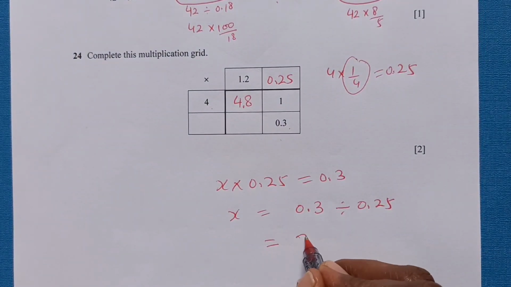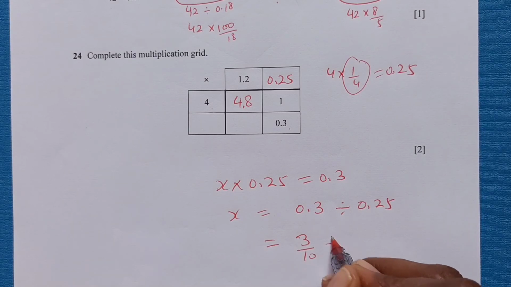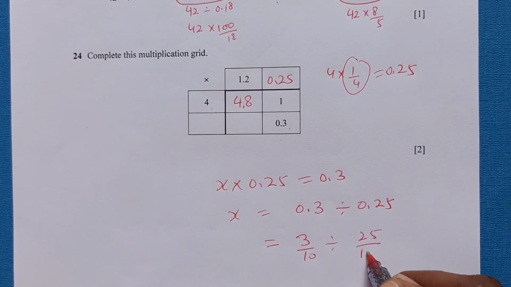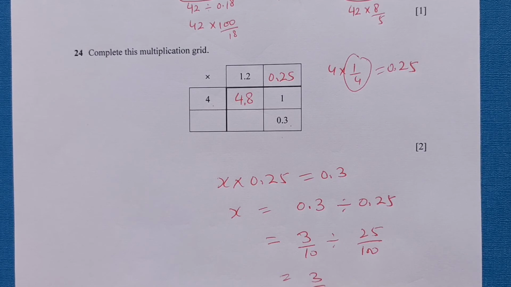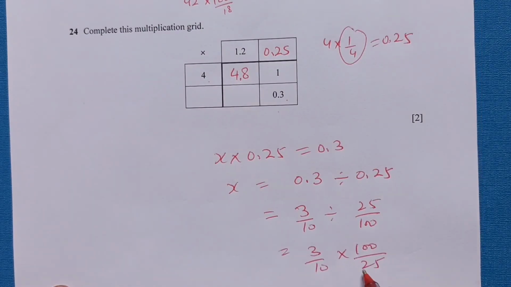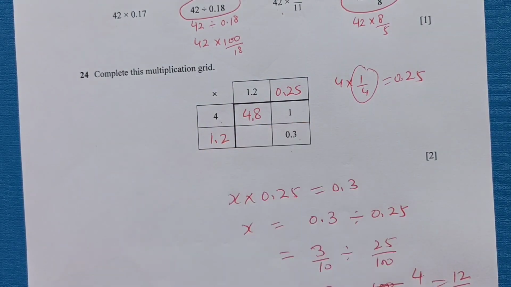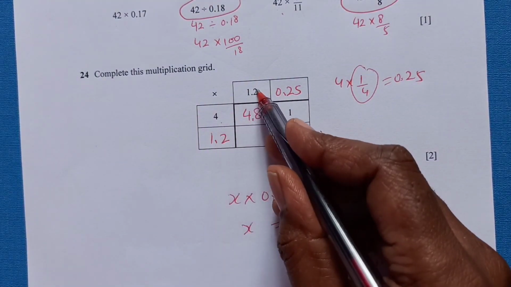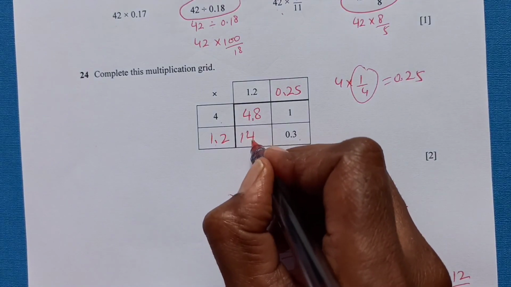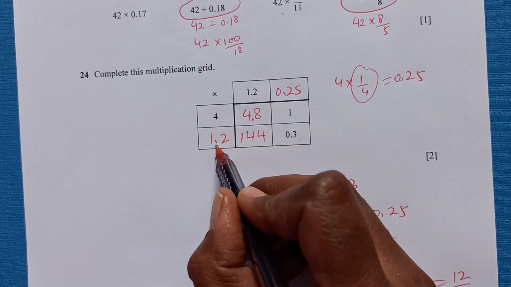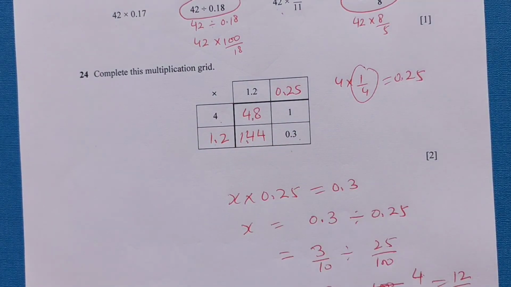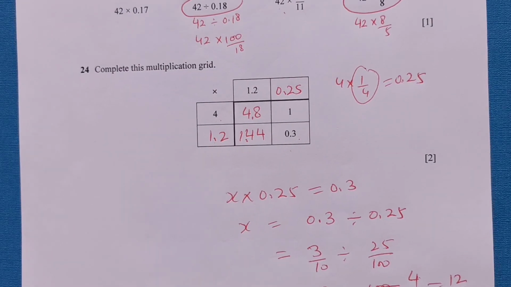This is 3 over 10 and this is 25 over 100. So 3 over 10 times 100 over 25. So 4 times 3 is 12 over 10. 12 over 10 is 1.2. So we will have 1.2 here. So 12 times 12 is 144, and with 2 decimal places, 1 here and 1 here, it is 1.44. So that's it for this.